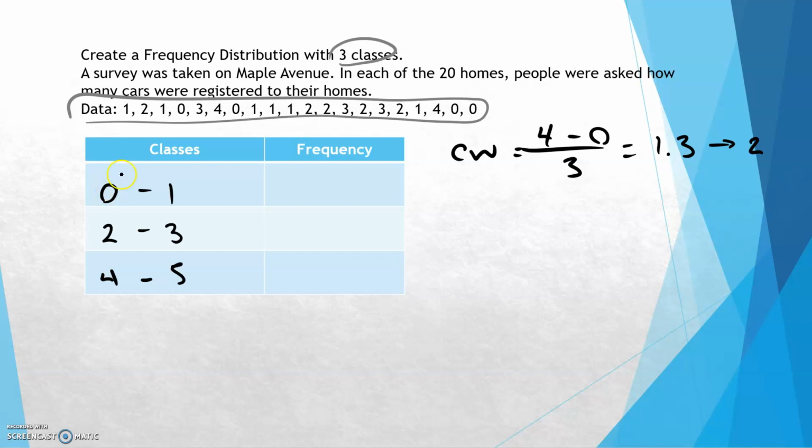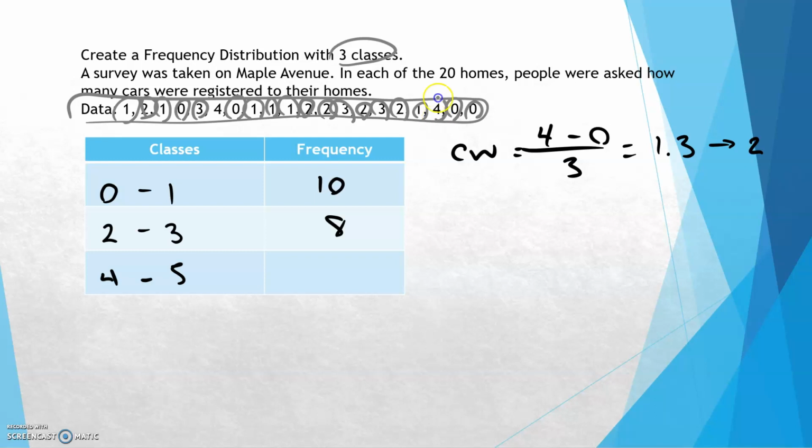Okay, so how many zeros and ones do I have here? I've got 1, 2, 3, 4, 5, 6, 7, 8, 9, 10. And then how many 2s and 3s? I got 1, 2, 3, 4, 5, 6, 7, 8. Then how many 4s and 5s?